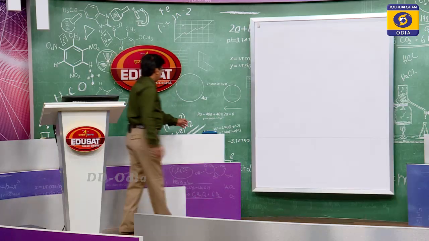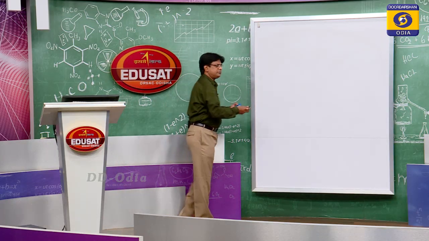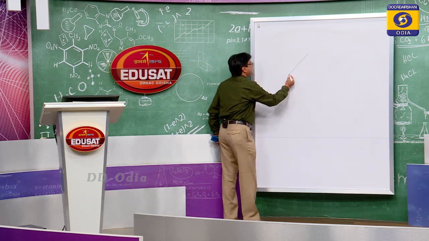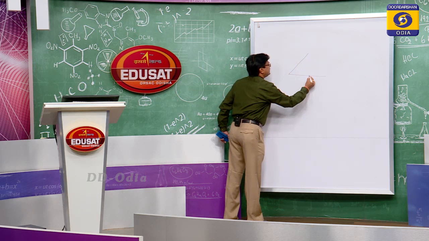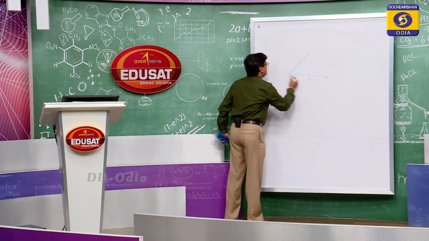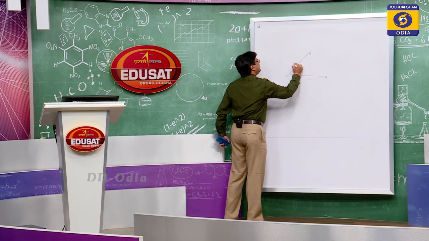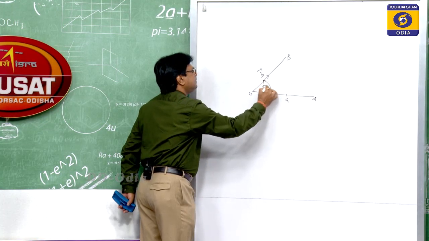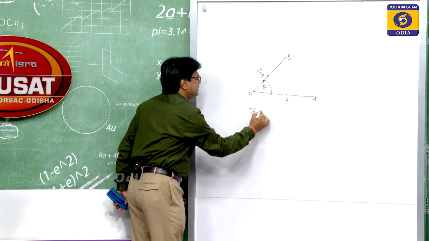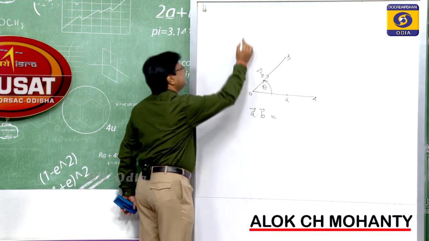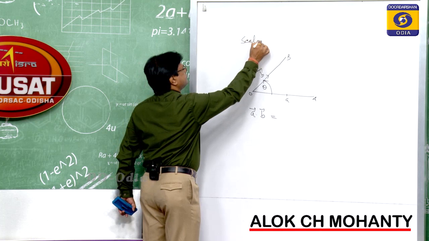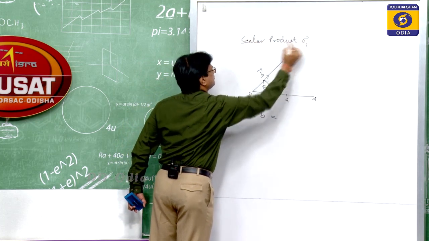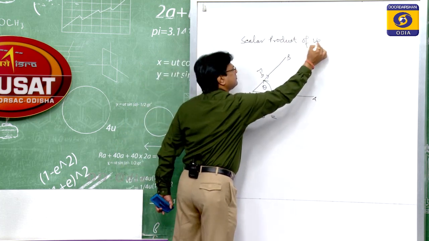Now suppose this is a vector, and this is angle theta. Then A dot B, that is your scalar product of vectors.